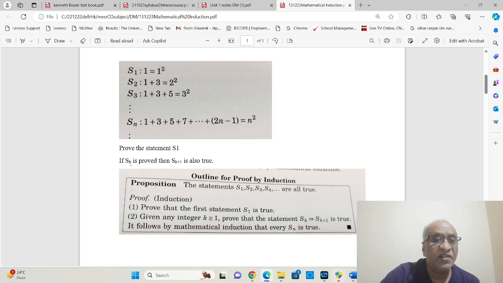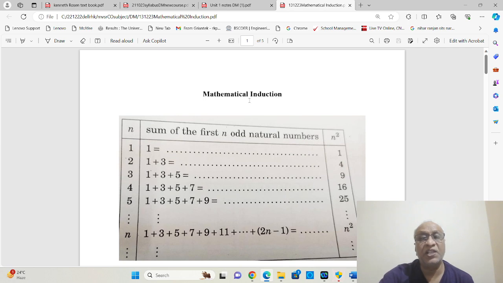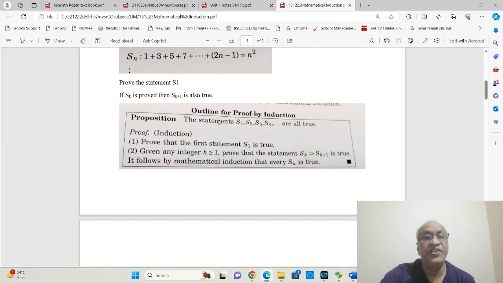Then we have to take some k, which is part of n, and assume that statement number k is true. If it is assumed to be true, then statement number k plus 1 is also true. So whenever we want to prove using mathematical induction, these are the steps for proof by mathematical induction.